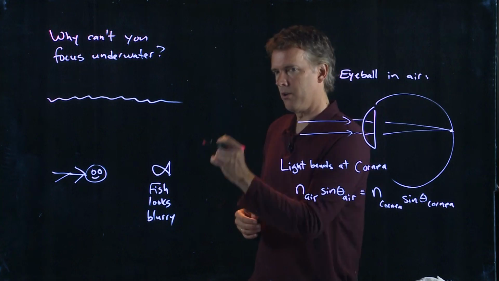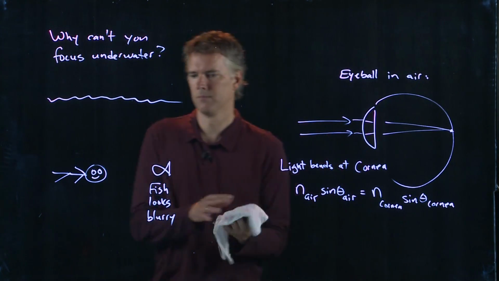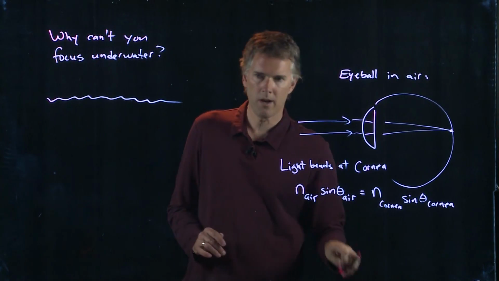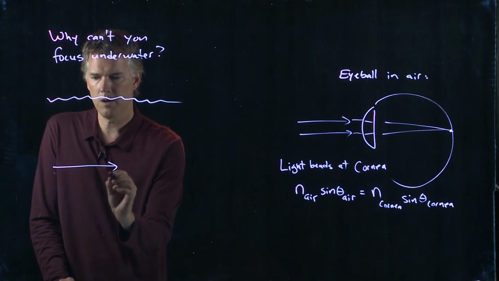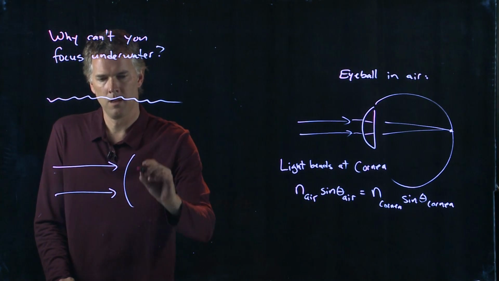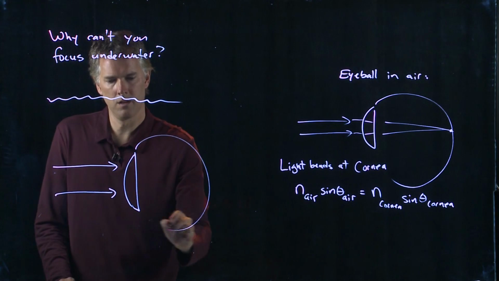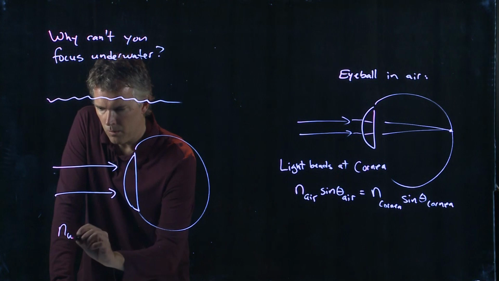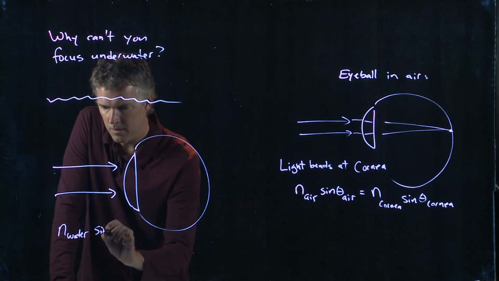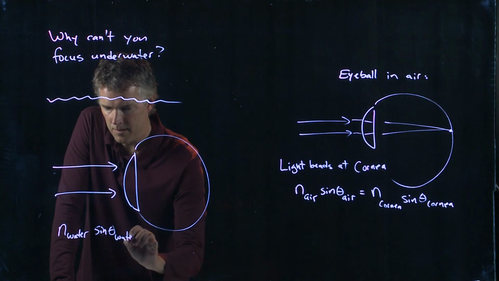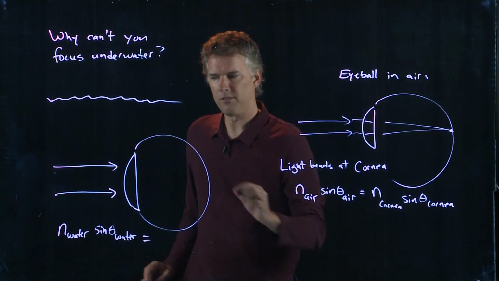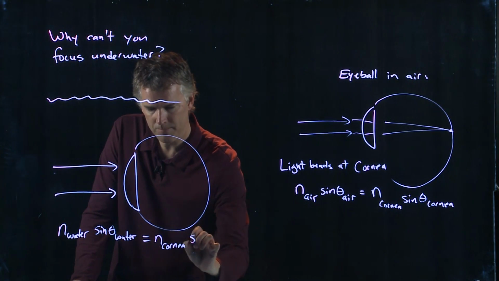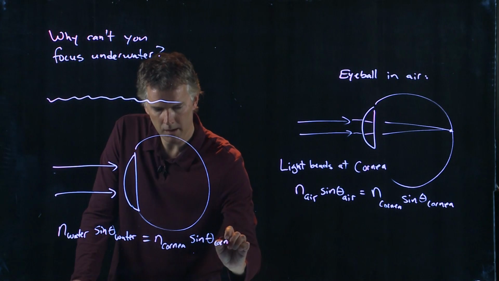But what happens when you're underwater? When you're underwater, here come the light rays in. Here's our cornea. There's our eyeball. And now, we're not in air anymore. We are in water. And so Snell's law says that n of water sine theta of water equals n of the cornea sine theta of the cornea.